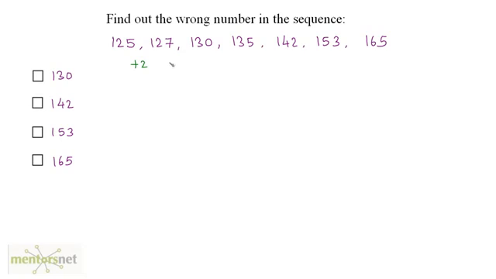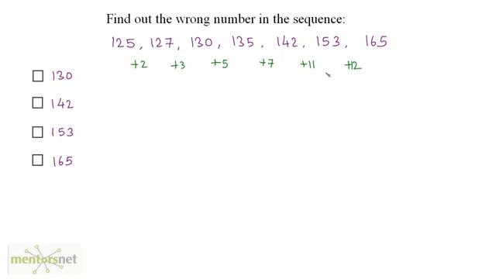Now 127 plus 3 is 130, and 130 plus 5 is 135, right? And 135 plus 7 is 142. Now if you add 11 to 142, you get 153, right?